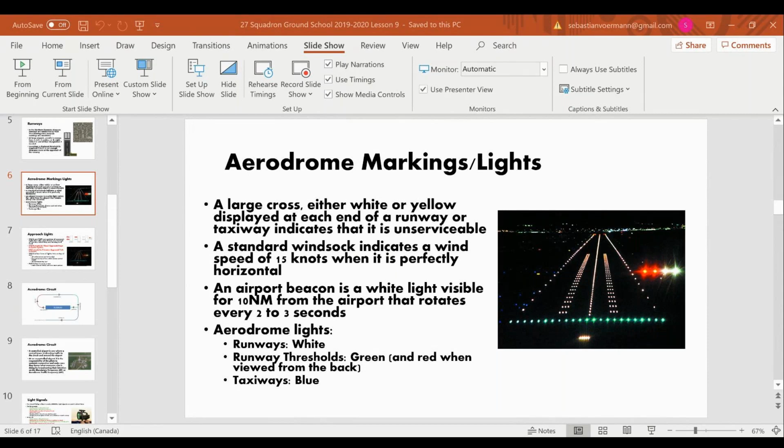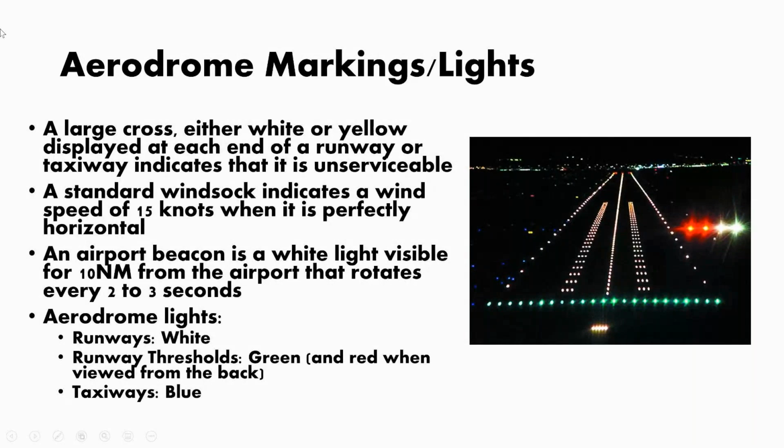Cool. Okay, so let's talk about aerodrome markings and lights. First, a large cross, either white or yellow, displayed at each end of a runway or taxiway indicates that it's unserviceable. So if an airport closes, for example, and the runway isn't being maintained, there might be rocks or trees growing on it that you can't see from the sky.